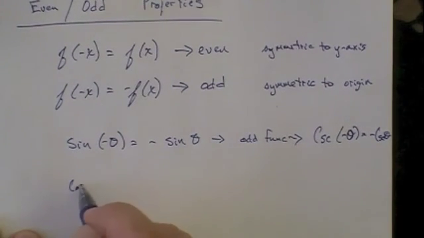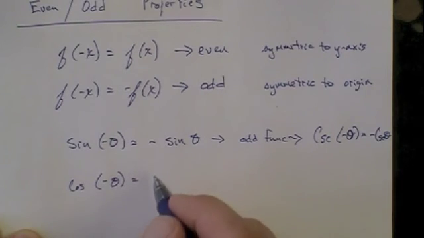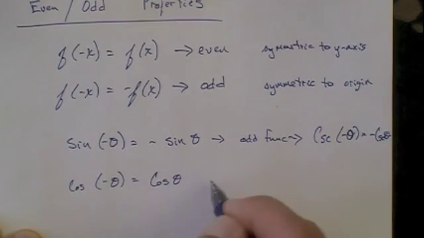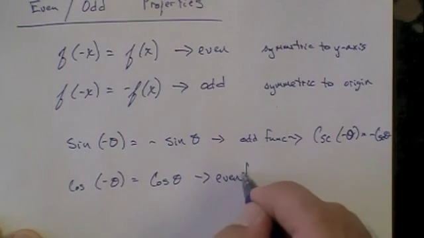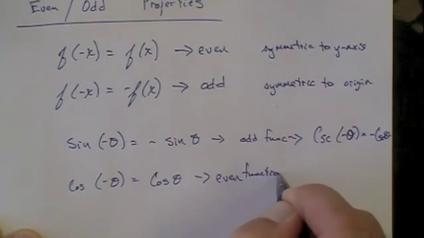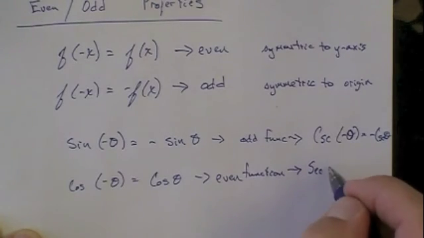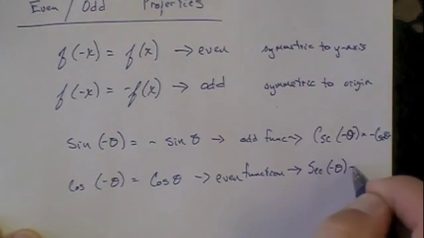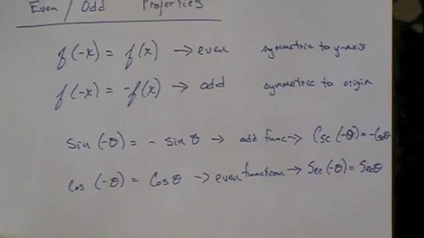If we're looking at cosine of the opposite of theta, that gives us back our original. Cosine is even, which then means that secant is also an even function. Plug in the opposite of theta, we get back the original.